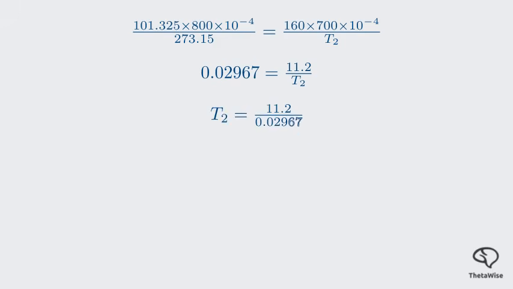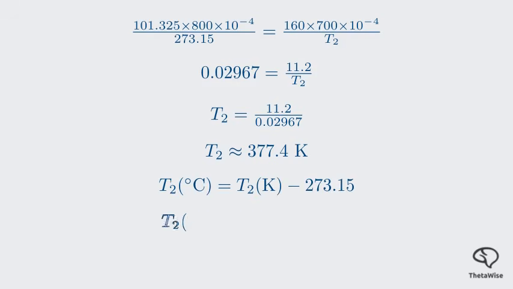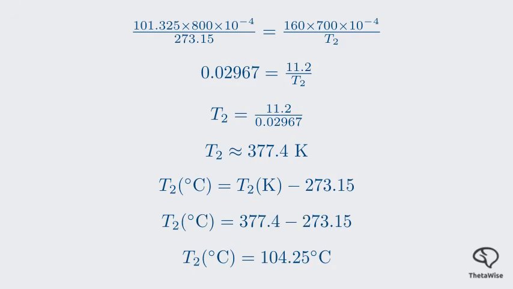T2 equals 11.2 divided by 0.2967. This gives us approximately 377.4 Kelvin. The problem asks for the answer in Celsius. To convert from Kelvin to Celsius, we subtract 273.15, so 377.4 minus 273.15 gives us 104.25 degrees Celsius.